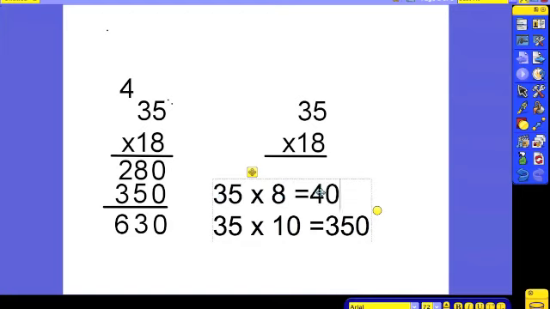Well, 5 times 8 is 40, and 30 times 8, well, 3 times 8 is 24, and so 30 times 8 would be 240. Now I can look at my 240 and my 40, add those two together, and I will know that 35 times 8 is 280. Now it's just a matter of me taking my 280 and my 350 and adding those together.